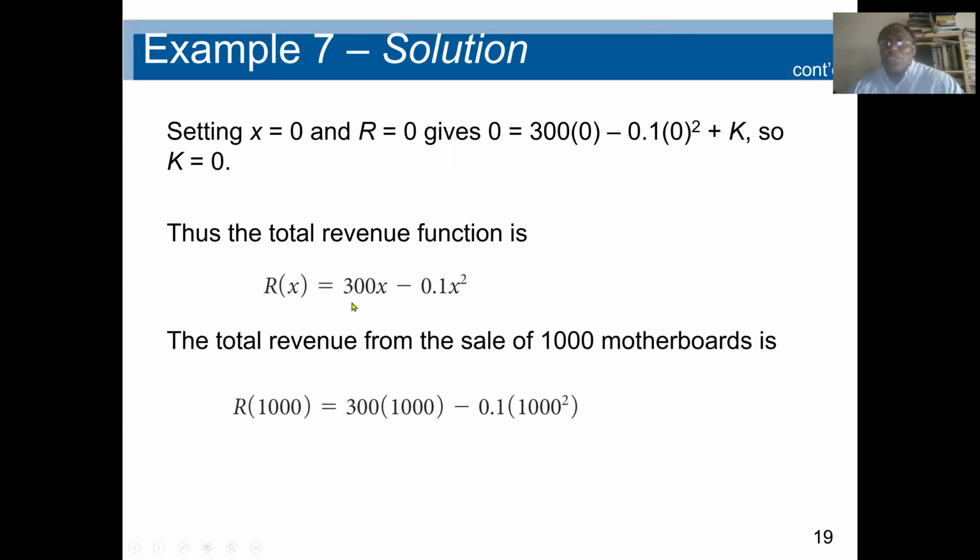So to find the revenue when 1,000 items are sold, x is 1,000, so we have 300 times 1,000, then minus 0.1 times 1,000 squared.